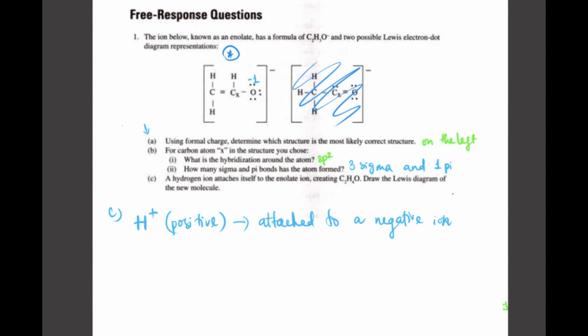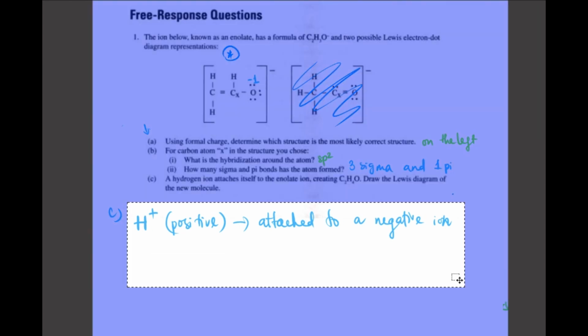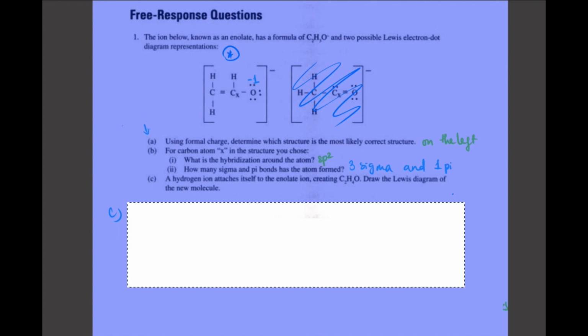In free response questions, we're going to write like this. This is how you account for justifying your answer.